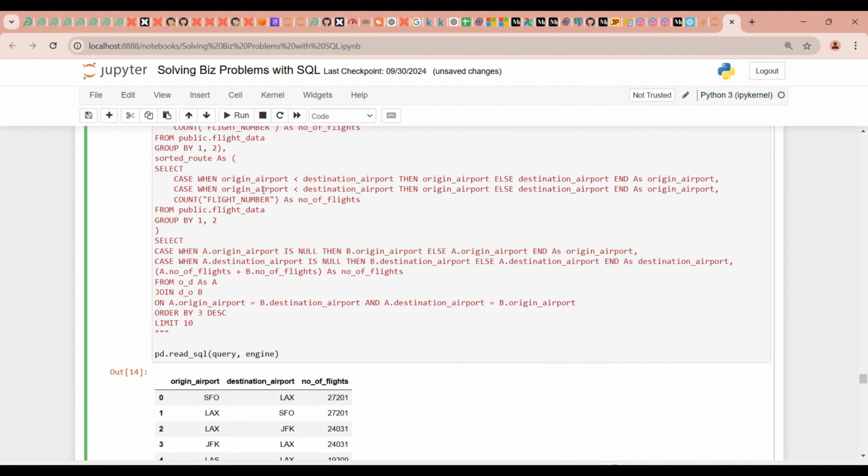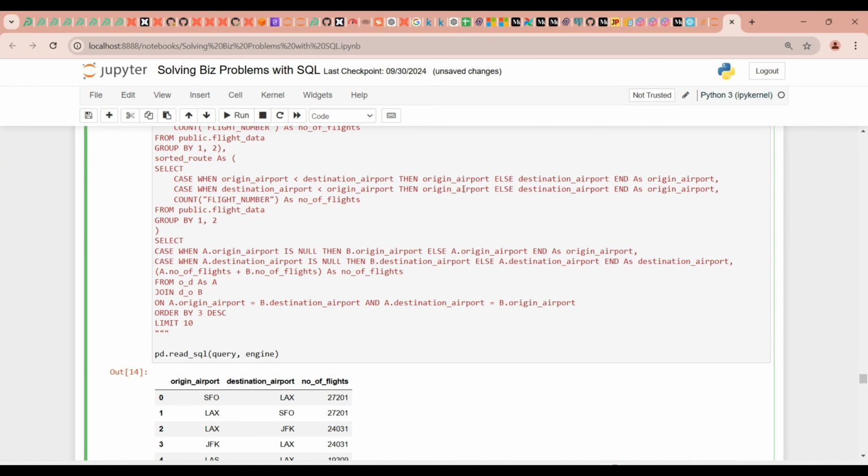So case when origin airport is less than the destination airport, we use this. And case when the destination airport is less than the origin airport, we want it to use the origin airport.